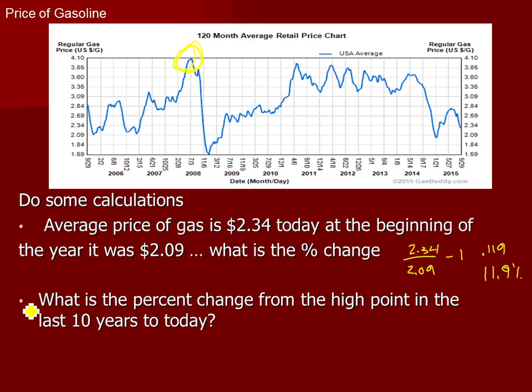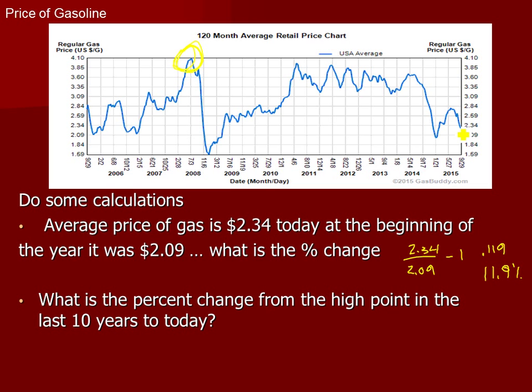Okay. Let's find the percent change from the high point in the last 10 years to today. So from $4.10 to $2.34. Move it over twice. That was your original price.